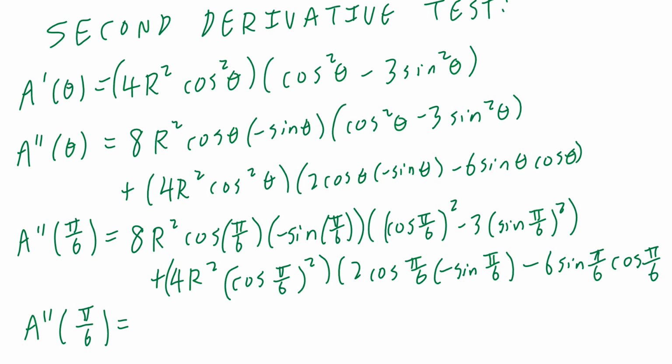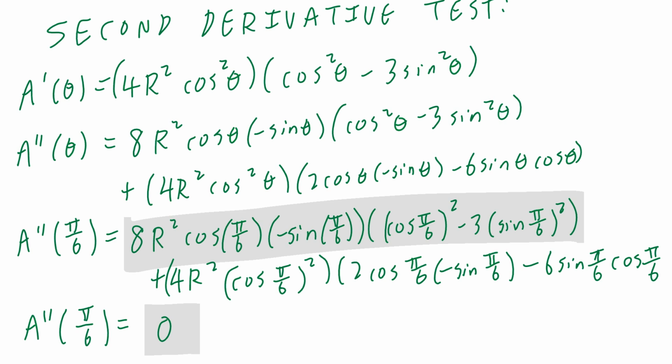So 8 times cosine of pi divided by 6 times negative sine of pi divided by 6 times, in brackets, cosine pi divided by 6 squared minus 3 times sine of pi divided by 6 squared. Now the first part, by the way, becomes 0. So this entire first part, you work it out, it's going to be 0. Let's keep going.